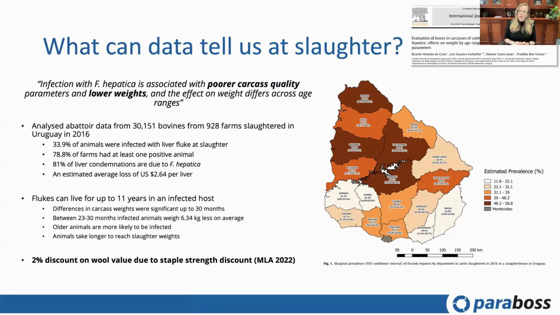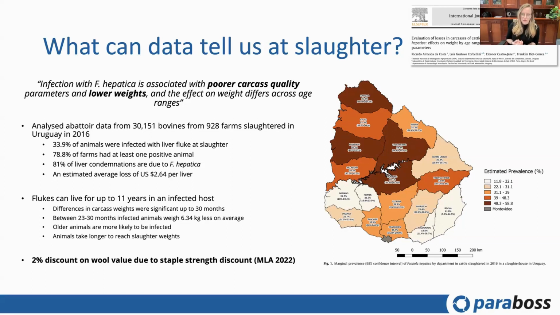I had a look again at some recent information published about what you can find out at slaughter. There was a large study done in Uruguay in 2016, where they looked at about 30,000 bovine livers from nearly 1,000 farms within a given year.